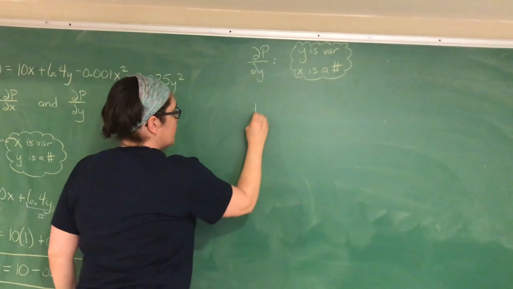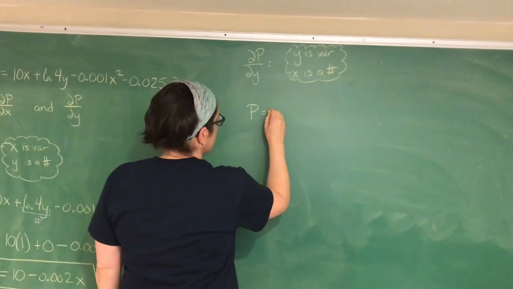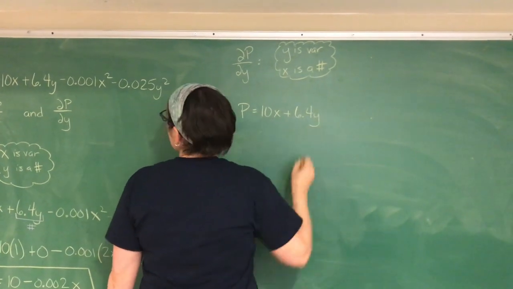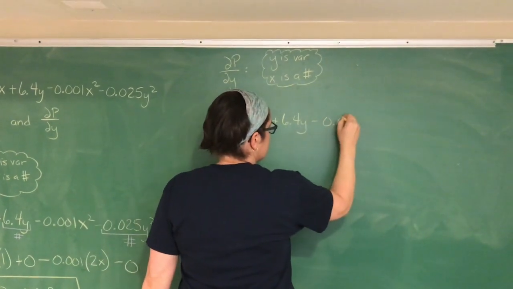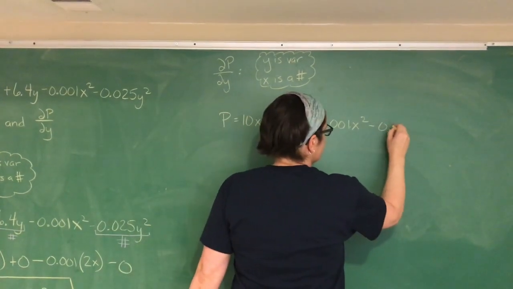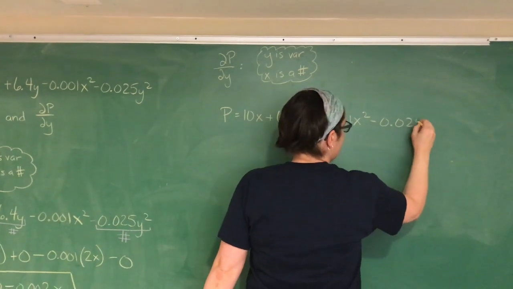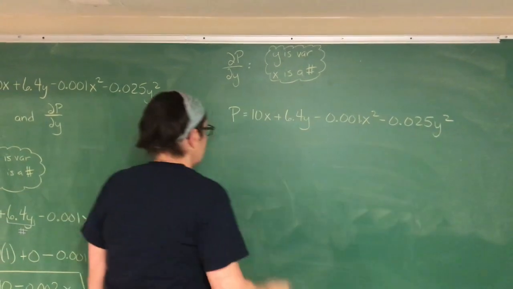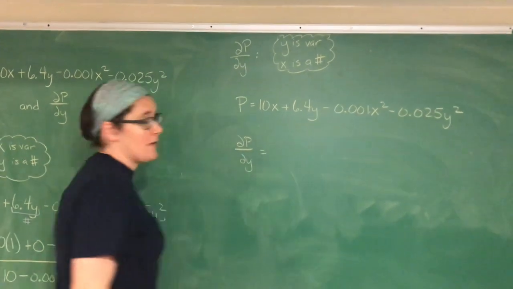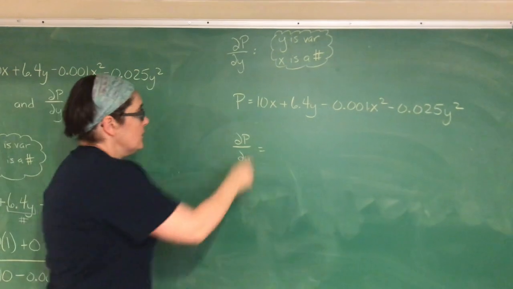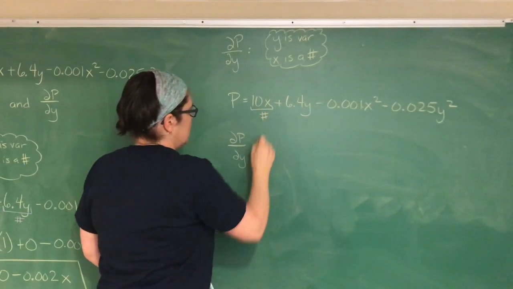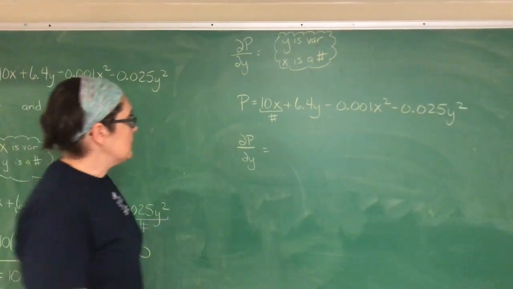Okay, so I start by writing down my original function, which is 10x plus 6.4y minus 0.001 x squared minus 0.025 y squared. And now I'm ready to find the partial derivative of p with respect to y. So my first term, there's no y whatsoever. So in this first term, the entire term is a number, so its derivative is 0.